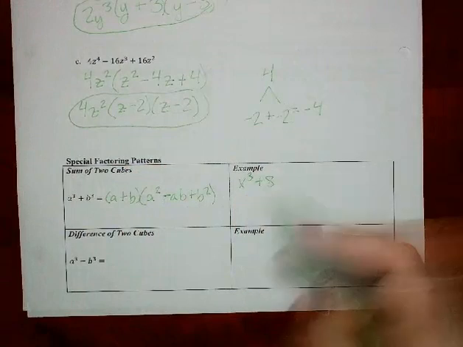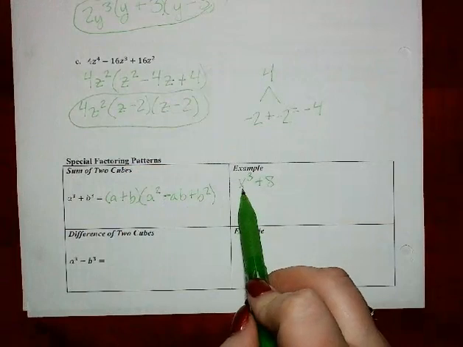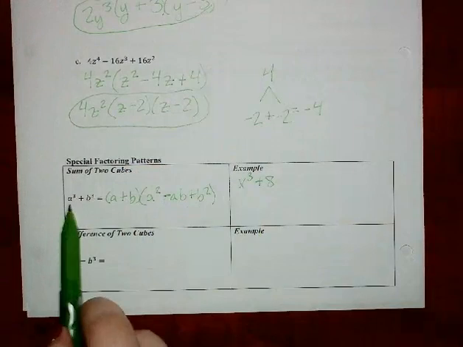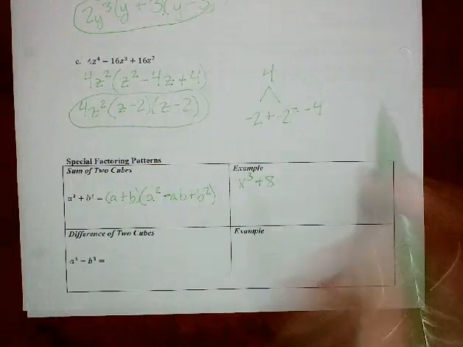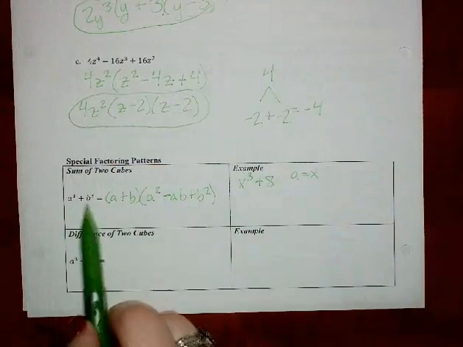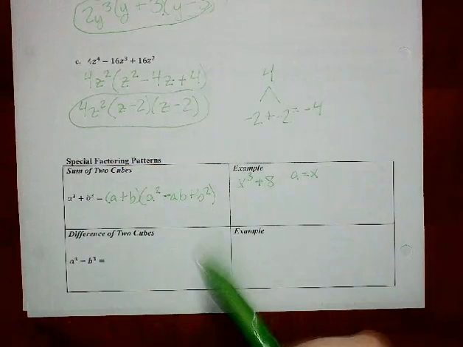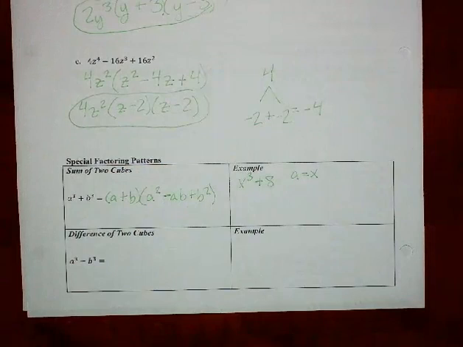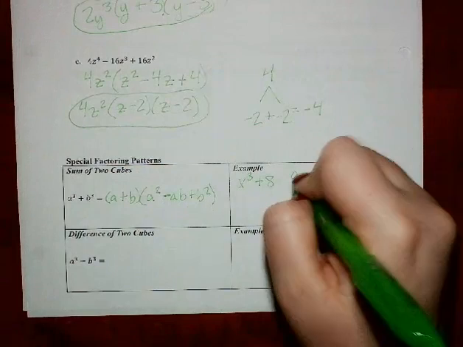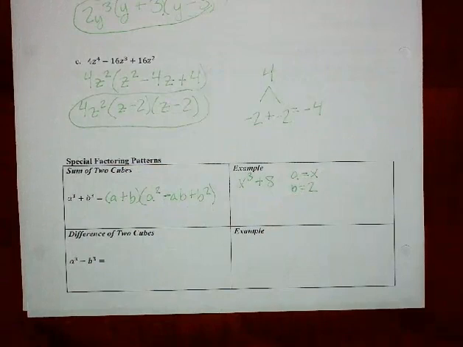Okay, I have to take the cube root of this. So if a to the third is the same as x to the third, that means that a is equal to x. And b to the third is 8. So we have to think, what to the third power is 8? So 2 times 2 times 2 is 8. So that means b is equal to 2. So now we plug into our formula.